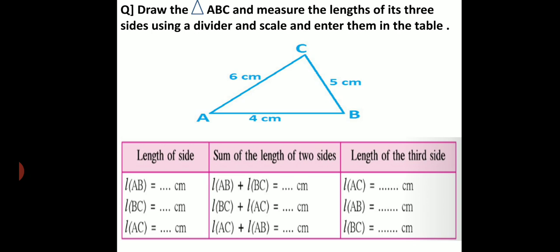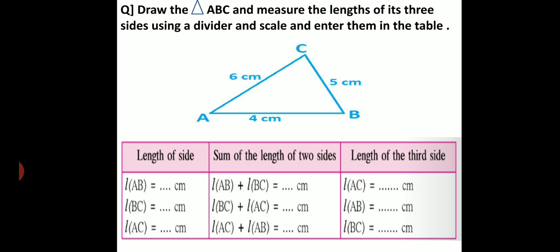Just below the question, in blue color, I have drawn the triangle ABC and written its measurements: side AC is 6 centimeter, side AB is 4 centimeter, and side BC is 5 centimeter. You will also draw a rough figure like this whenever you write your notes, and it should be done with a pencil because it is just a rough figure.